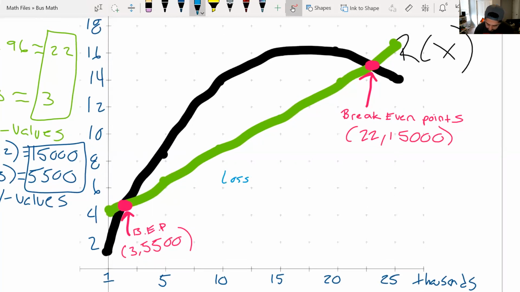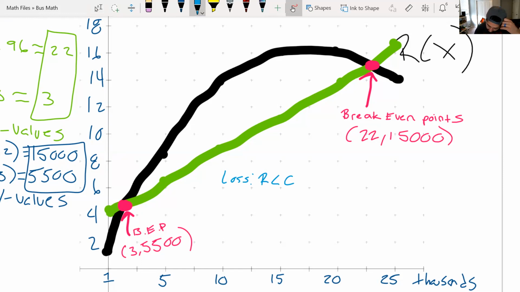A loss happens when revenue is less than cost. And we only state X values here. So looking at our graph, the curved line, the black line is revenue, the green line is cost. So looking at our graph, it looks like that from the X value of 1 to the break-even point X value of 3, we have a loss because revenue is below cost.